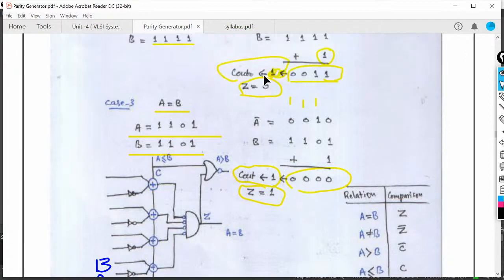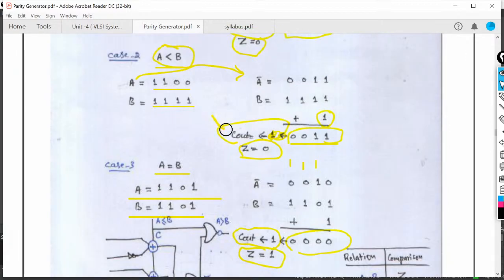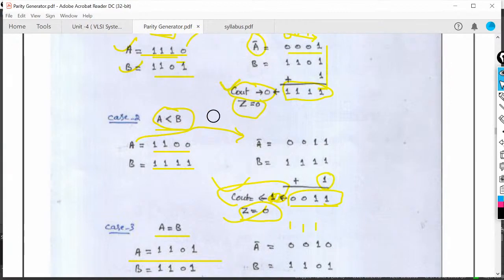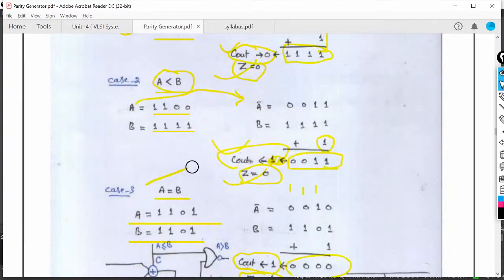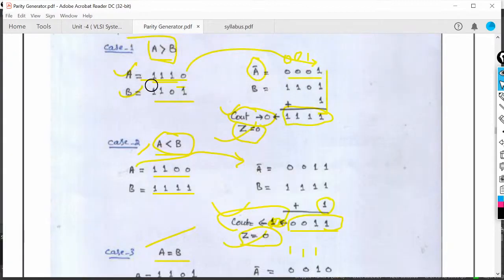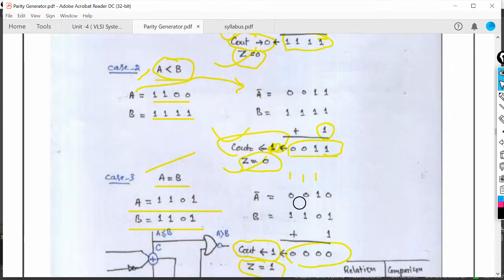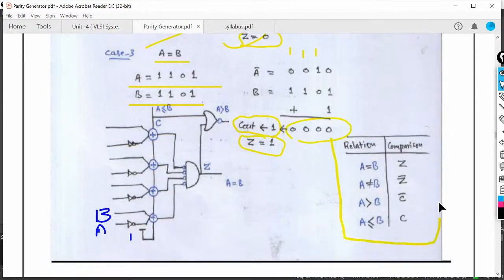By taking the carry output along with the 0 flag, we can represent the different conditions for a equals to b, for a is less than b, and for a is greater than b. These conditions are represented in this table.